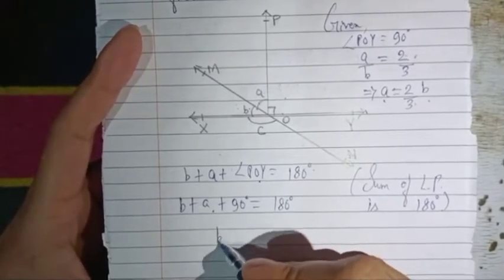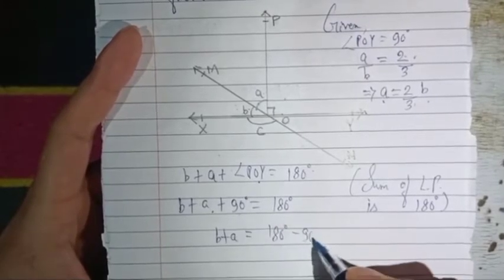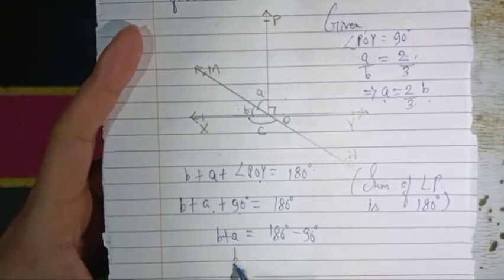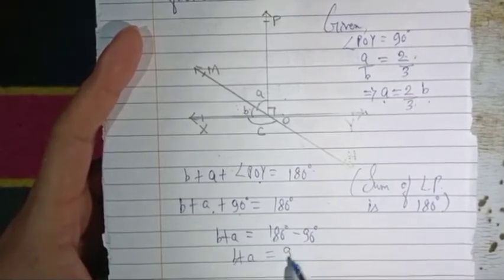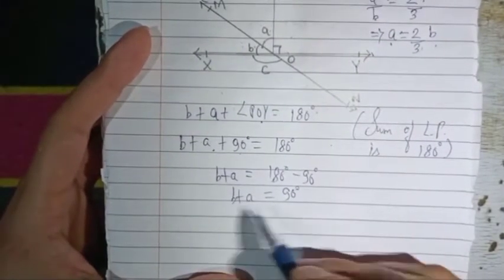That means B plus A is equal to 180 minus 90. 90 will move to the right hand side and become negative. So B plus A is equal to 90 degrees.